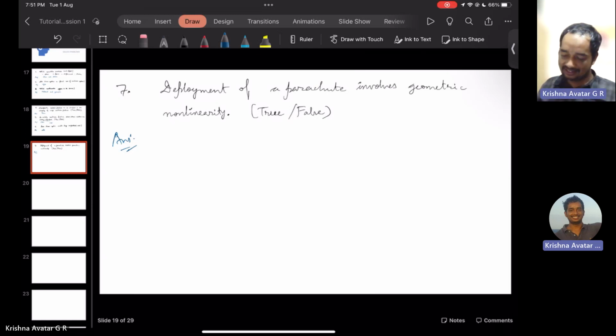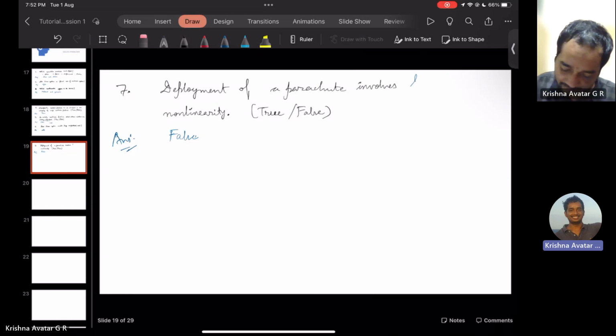Let's just stick to what we have learned, it's false. However, if we see that geometric is there, I think I should just better delete this. So it should be a yes question.